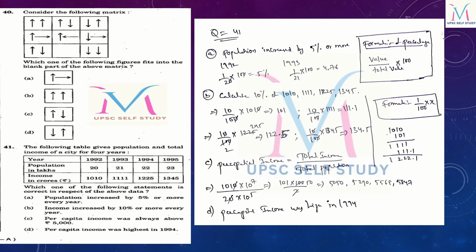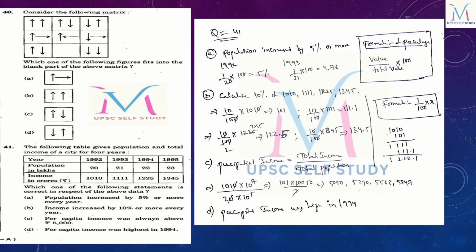Coming back to 1993, the same formula, the value is only for 1 year, right? So 1 by the total value, which is 21 because that is for 1993. 1 by 21 into 100. If we calculate, we get 4.76.